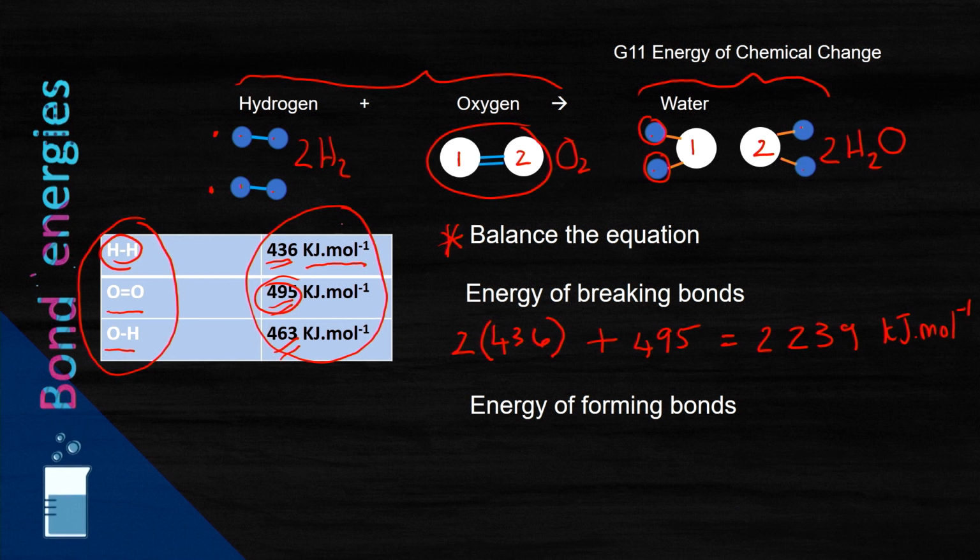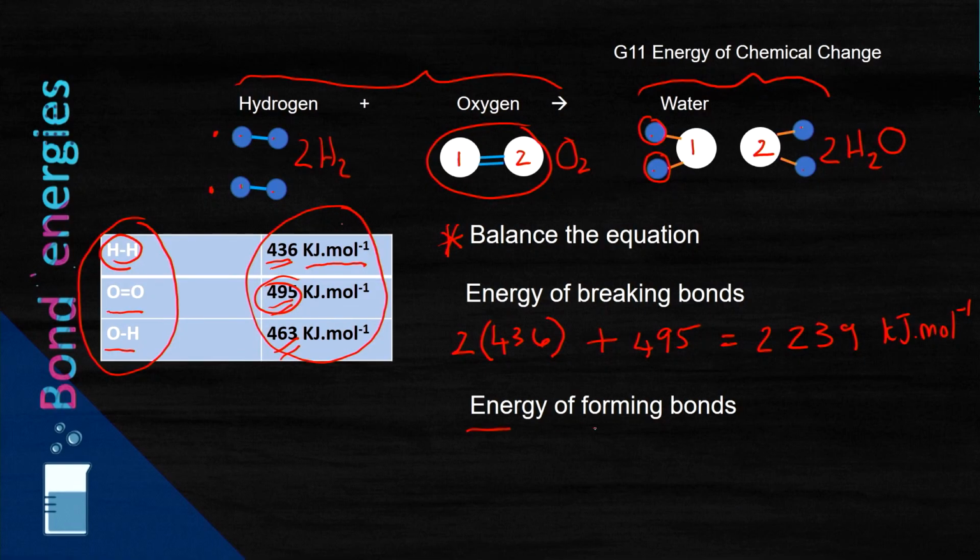What about forming bonds? Now, we've already said that when products are formed, bond energy is actually released. So this energy of forming bonds is the released energy.